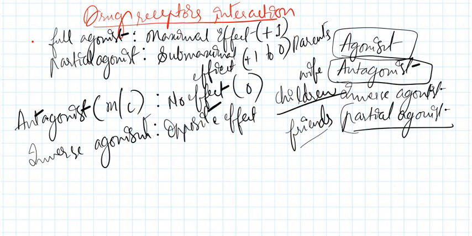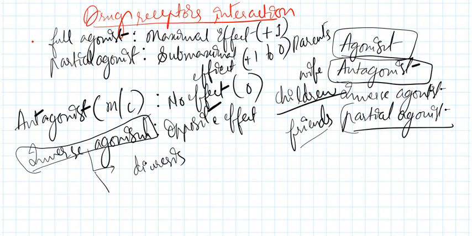But I just want to tell a small concept here, in which type of drugs this inverse agonist type of action can be seen perfectly. For example, you want a drug to produce diuresis. Instead, what the drug has done is water reabsorption. So obviously the drug is an inverse agonist.